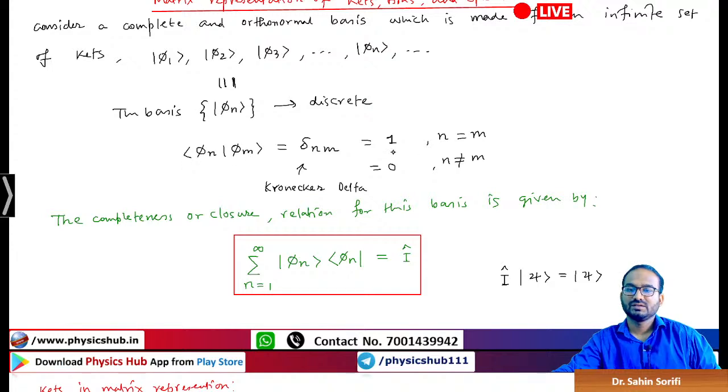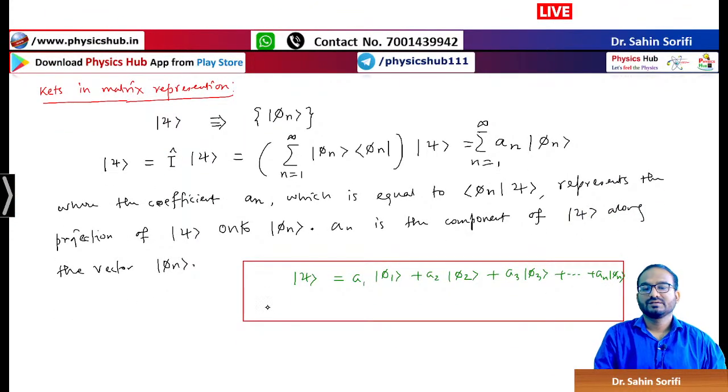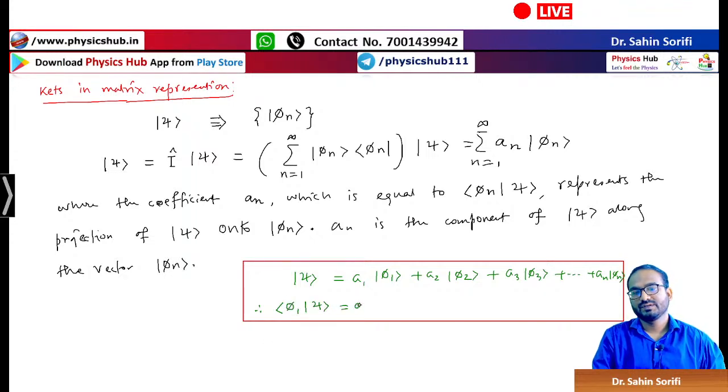So if you take the scalar product of phi 1 with psi, this will be a1 times phi 1 phi 1, a2 times phi 1 phi 2, a3 times phi 1 phi 3, and so on.